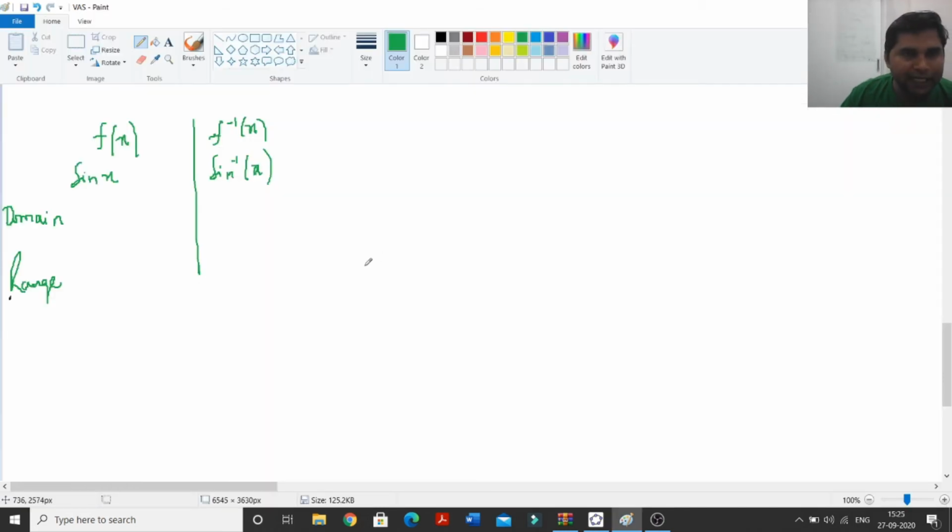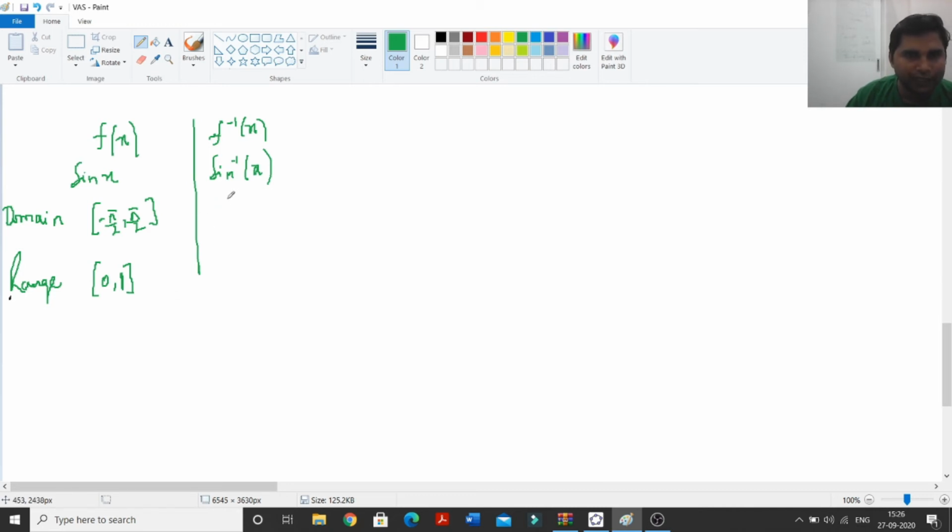Now let me quickly summarize whatever we have discussed in GeoGebra. For the inverse to be defined, sin x should have a domain between minus pi over 2 and pi over 2, and the range is minus 1 to 1. As we know, the range of the function becomes the domain of the inverse function.